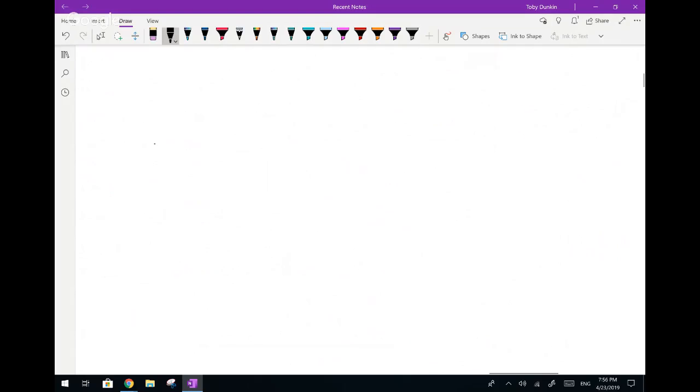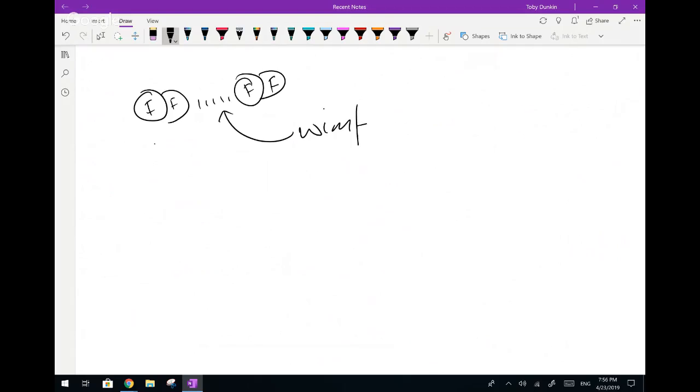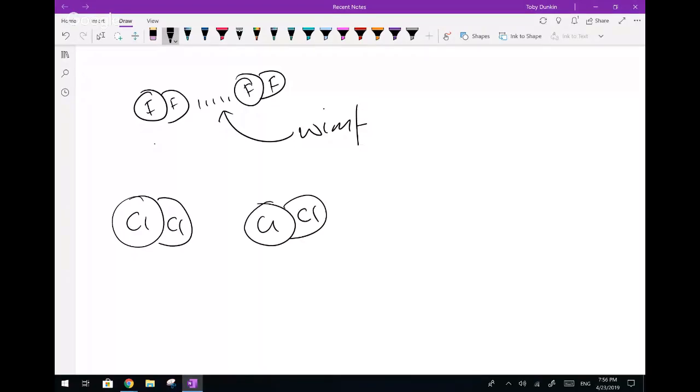So fluorine is a tiny diatomic molecule. What that means is between fluorine molecules, the WIMPs are very weak intermolecular forces. Now chlorine is bigger. The bigger the molecule, the stronger the WIMPs.